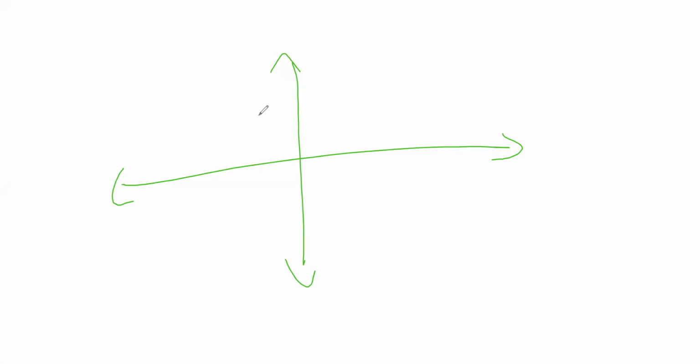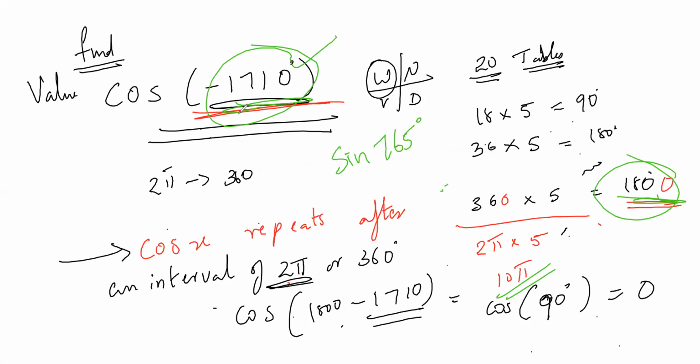See guys, one more important thing which I didn't tell. What is cos of minus theta? Cos theta itself. Correct? So even if you don't know the quadrant, that is fine. It is nearing 1800, but is it touching?